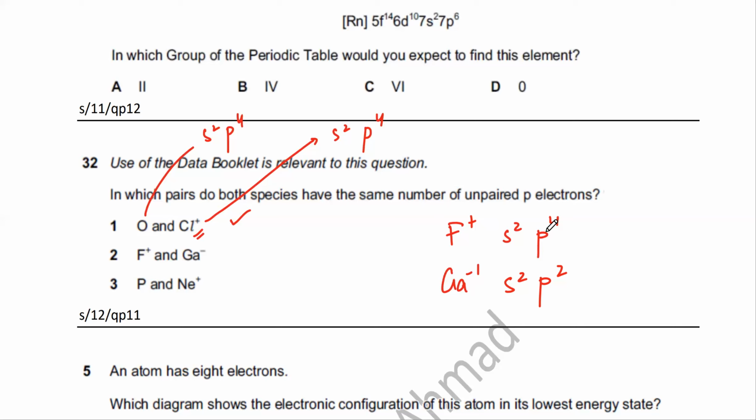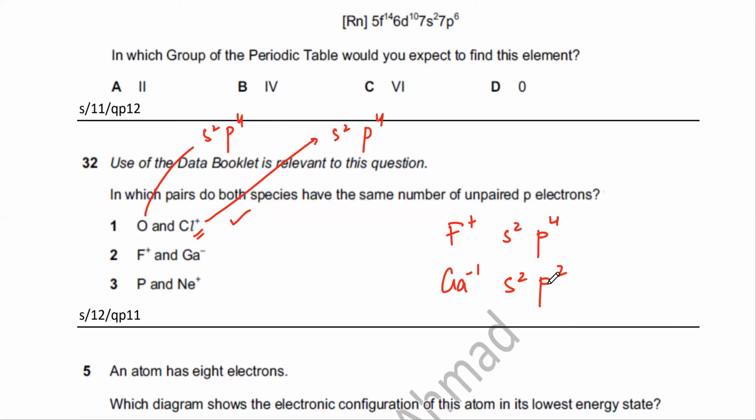Now, do they have the same number of unpaired p electrons? It's not that simple because the electronic configuration is different for both of them. P4 means px, py, and pz are 2, 1, and 1. So that means 2 unpaired.